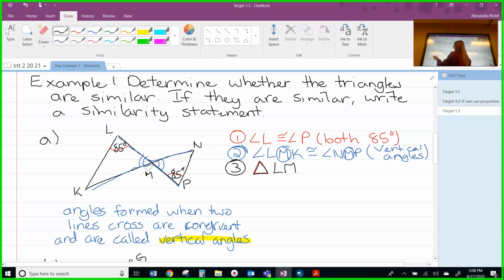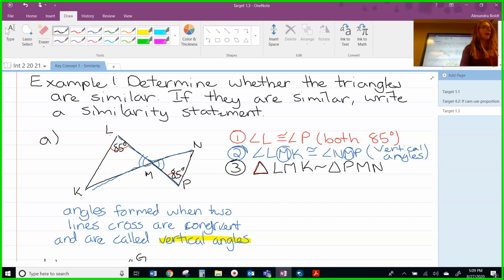And then I'm going to go to K, my nothing angle. Now we're saying it's similar to, and I have to go in the same order. So I went L first, which was my red angle, so I have to go to P, my red angle, to M, my blue angle, then to N, my nothing angle. Okay? So triangle LMK is similar to triangle PMN.